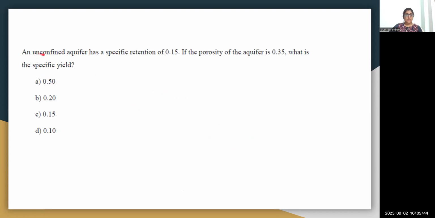Another question: an unconfined aquifer has a specific retention of 0.15 and a porosity of 0.35. What is the specific yield? This is also a very direct substitution question, once you know the formula relating porosity, specific yield, and specific retention.